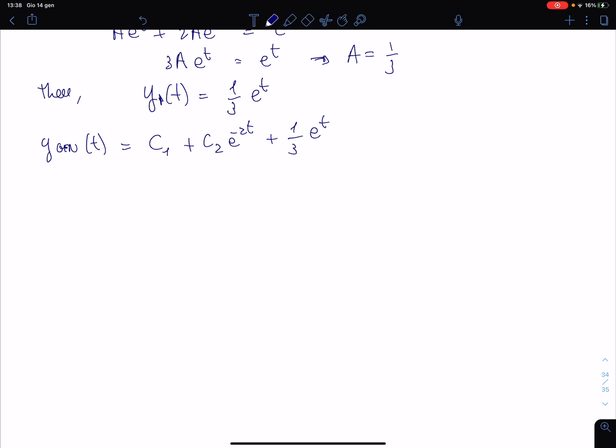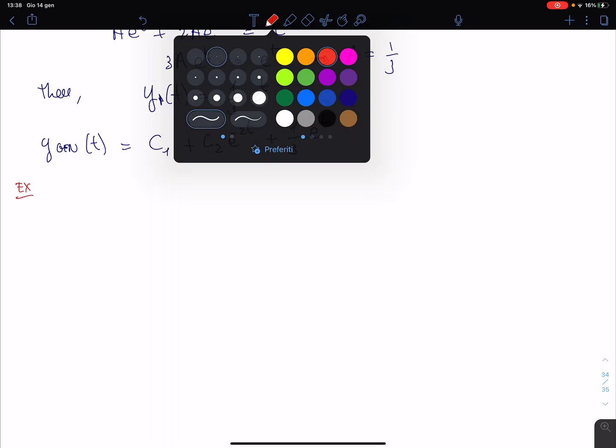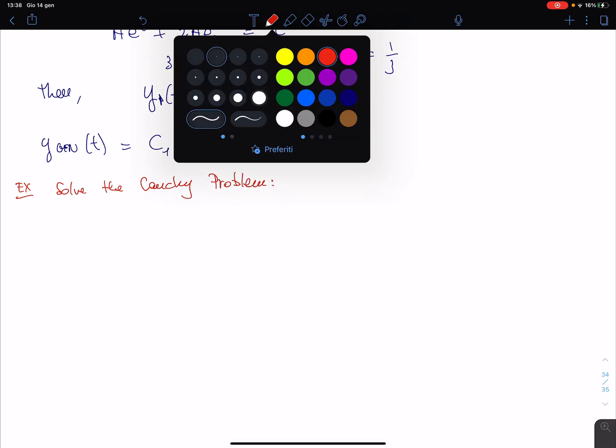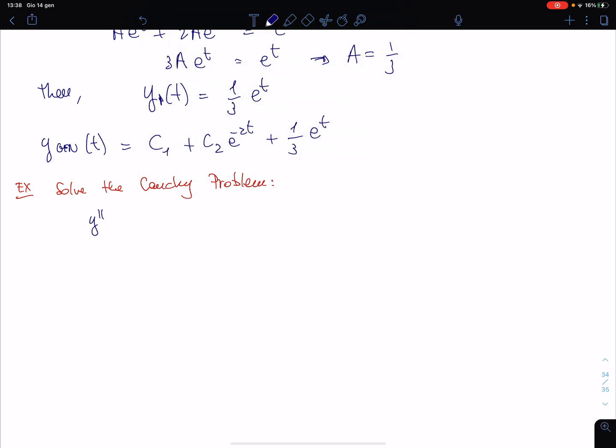And then we go to the Cauchy problem. The exercise here says: solve the following Cauchy problem. y'' + 2y' = e^t, y(0) = 0.